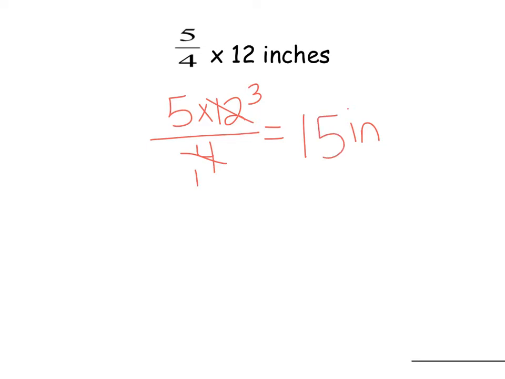And does that make sense? 5/4 is greater than 1 whole because it's 1 and 1/4. So that's greater than 1, so 15 is greater than 12. So that makes absolute sense. So make sure you have your label.